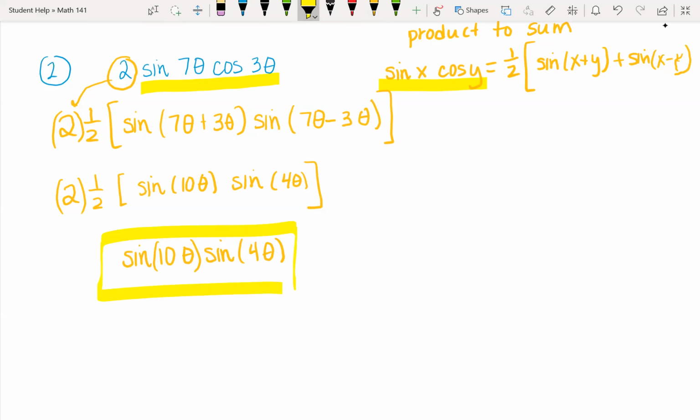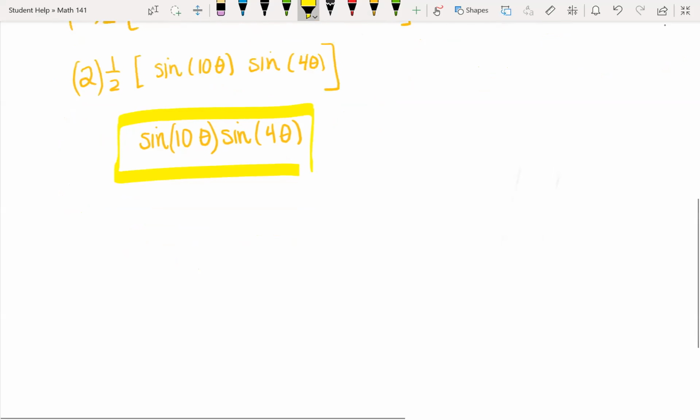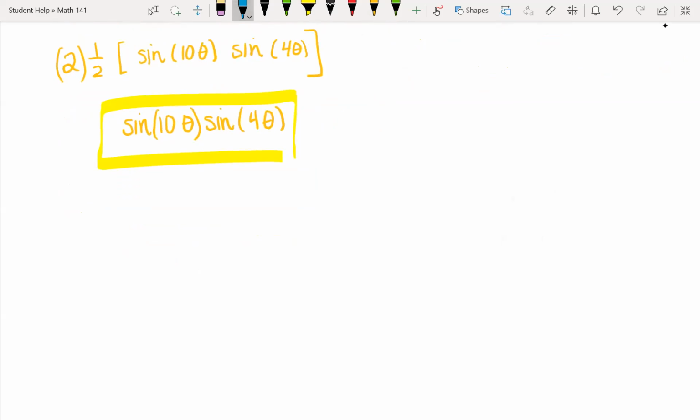Okay, one more. And clearly I'm getting tired because I'm starting to make mistakes. For this last example, I have 7 cosine of 5 times theta times the cosine of 7 theta. This is a different product to sum, because this one involves cosines.